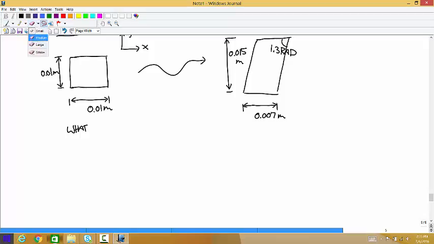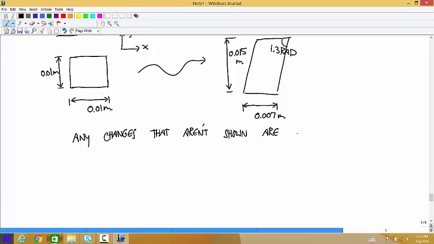Any changes that aren't shown, we'll just assume are 0. And we want to calculate all the strains.